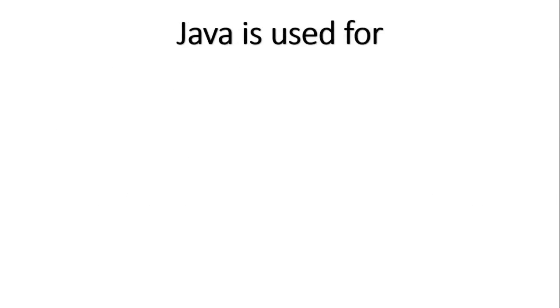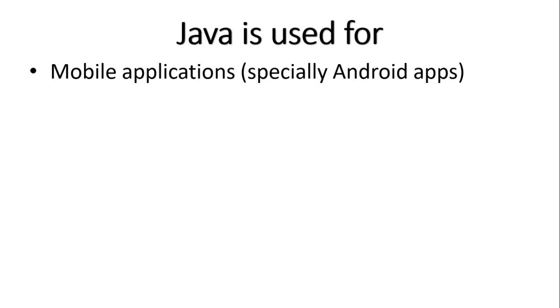Now, the next point to understand is, we have learned something about Java. What is Java? It's a programming language, right? Now, what is Java used for? What kind of programming can we do in Java? First, mobile applications.